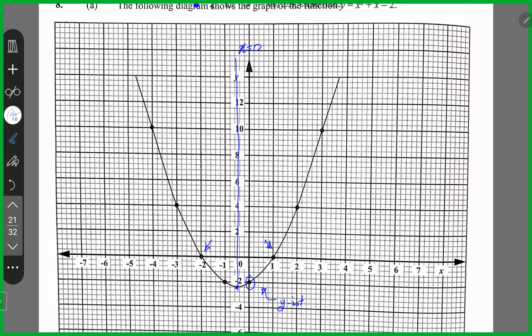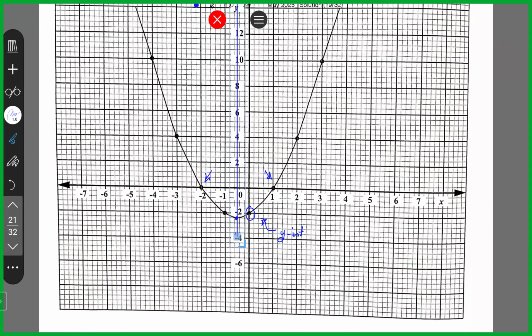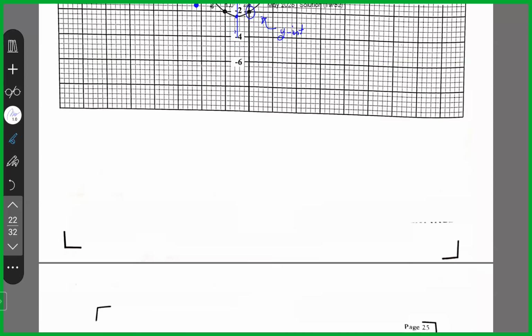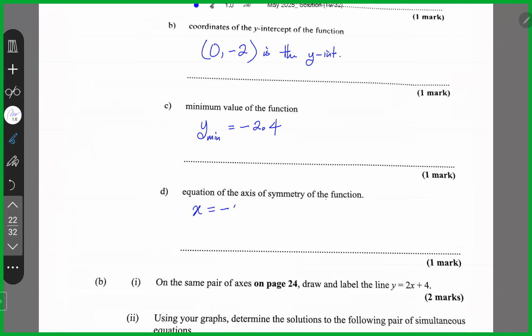It looks as if it's minus 0.5. X is equal to minus 0.5. So x is equal to minus 0.5 is the line of symmetry.